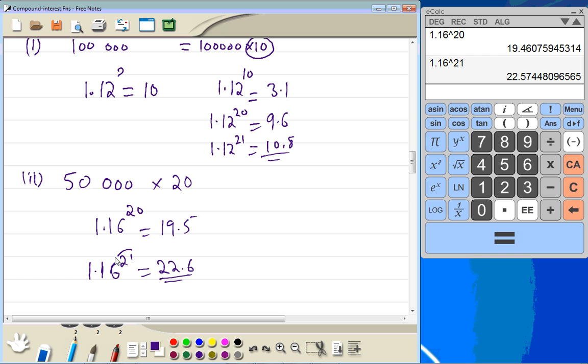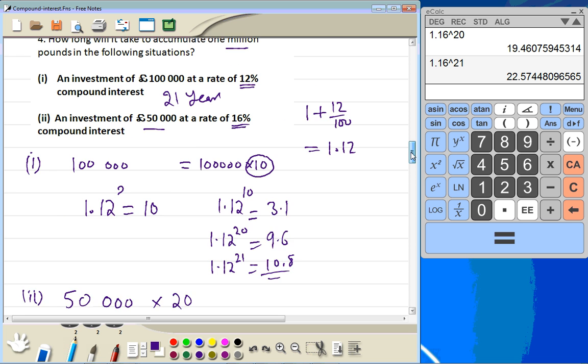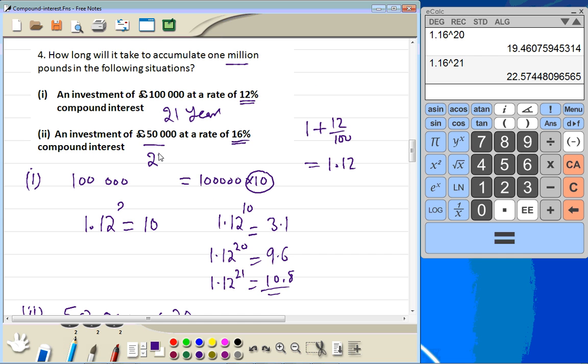So this is 21 as well. So the answer here is 21 years as well.